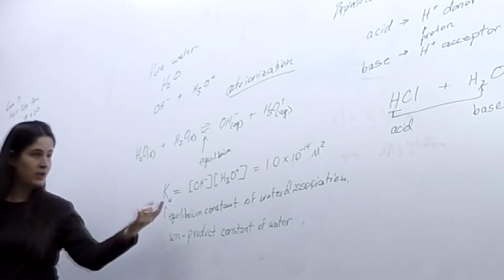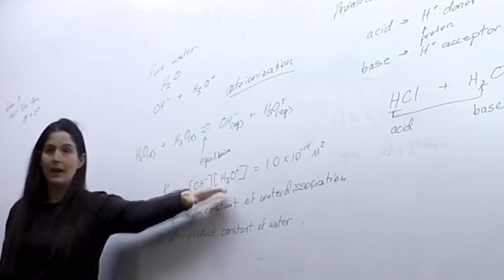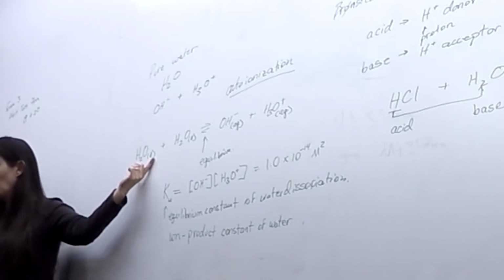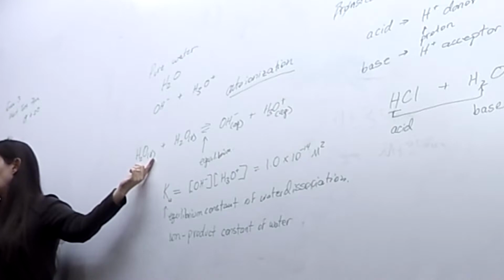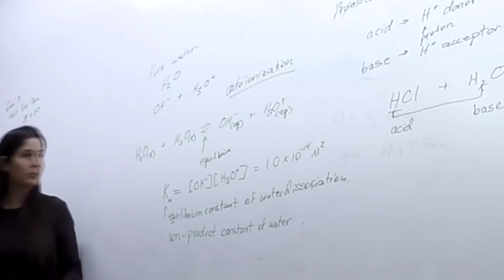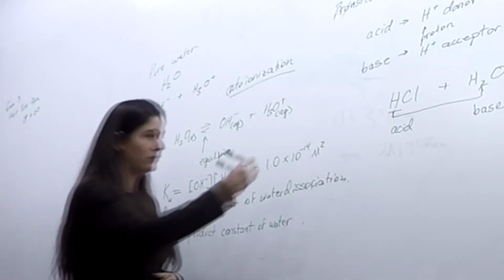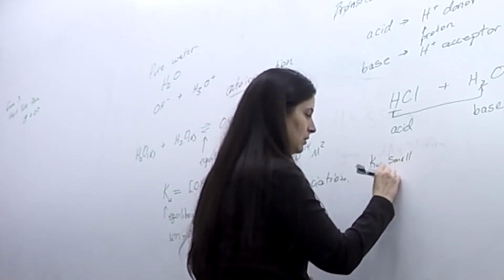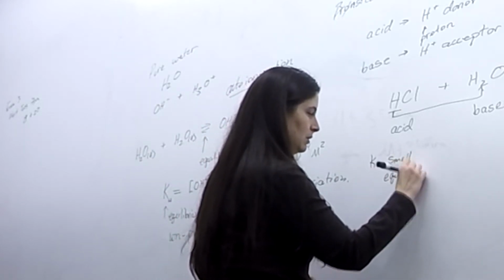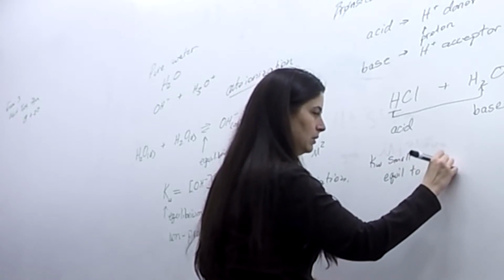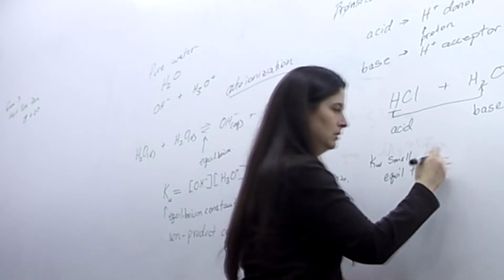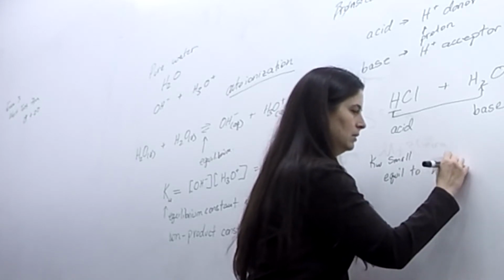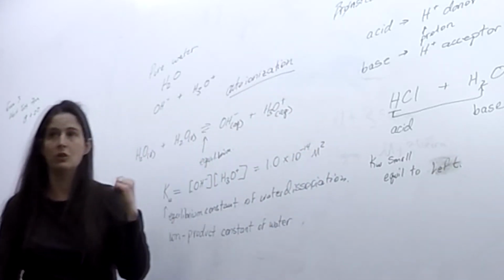So if this is very low, that means that even though these concentrations aren't in here, the concentration of your reactant is very high. So since Kw is small, the equilibrium is to the left.